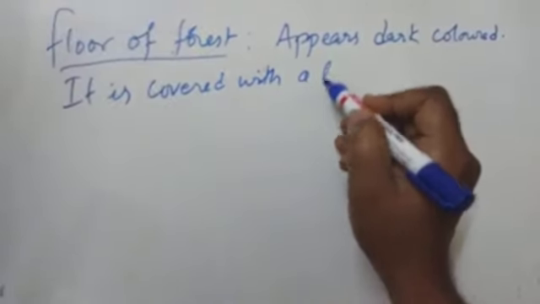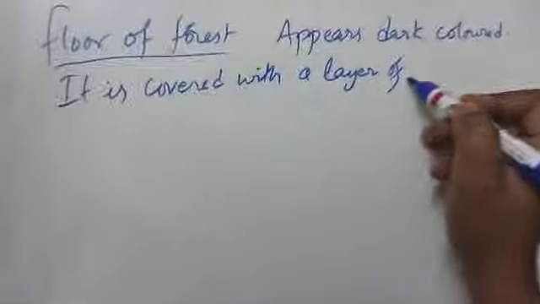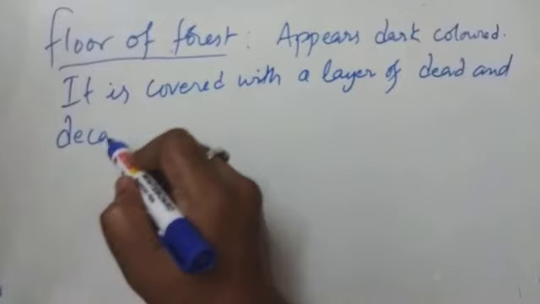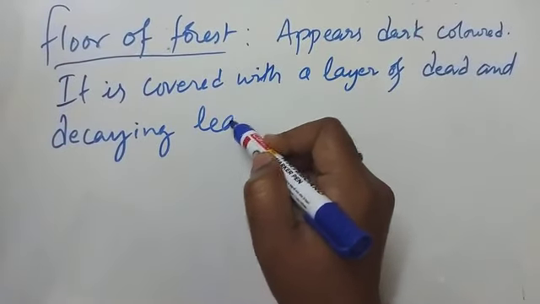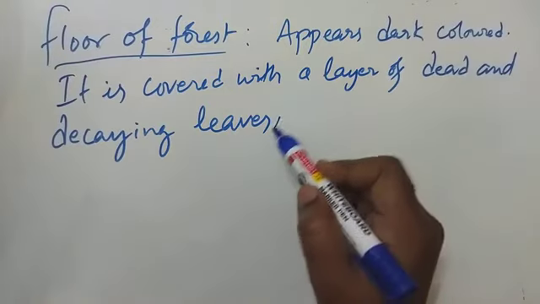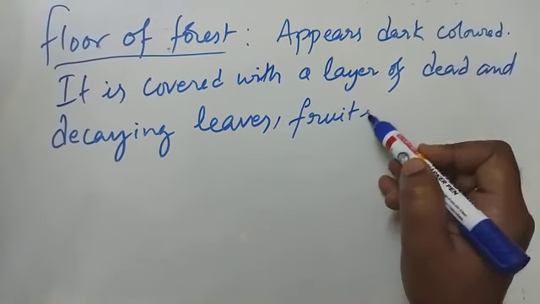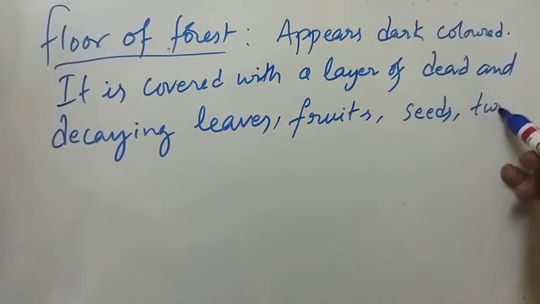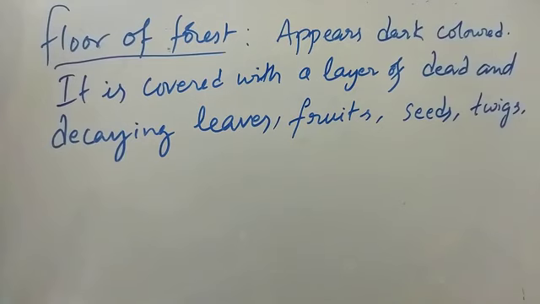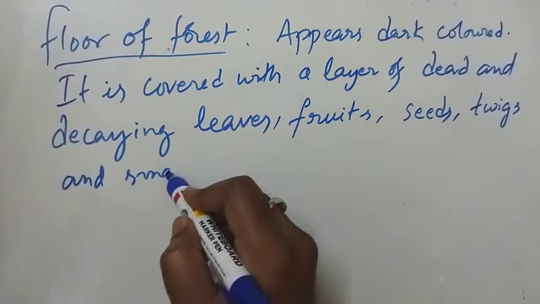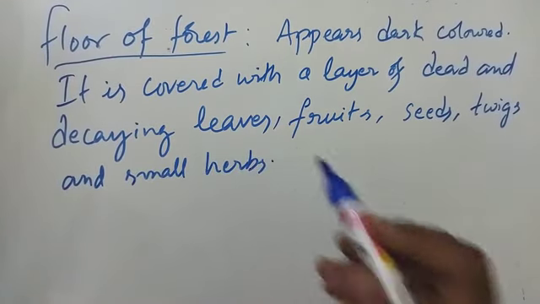Decaying means getting decomposed. What is a twig? A small branch. So this is about the floor of the forest.